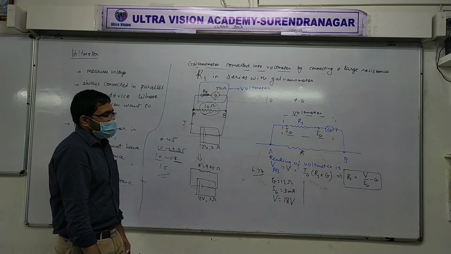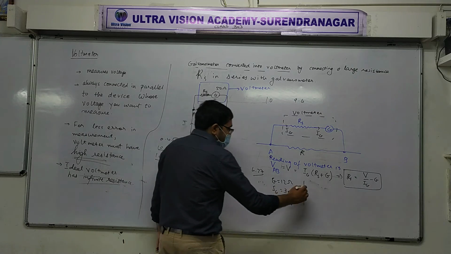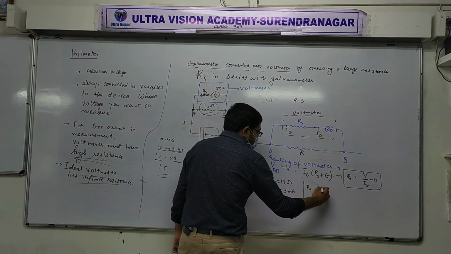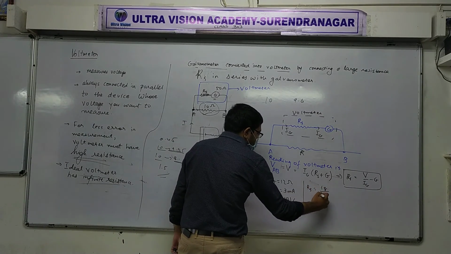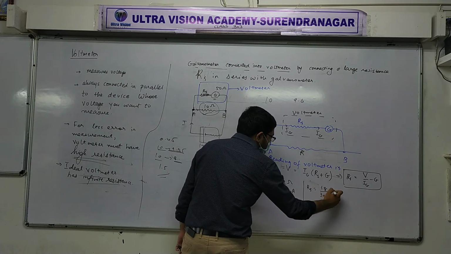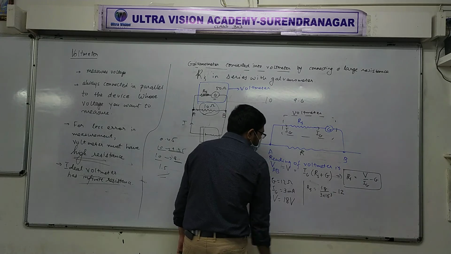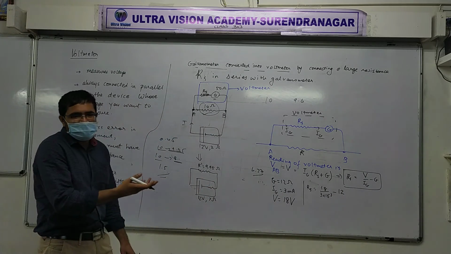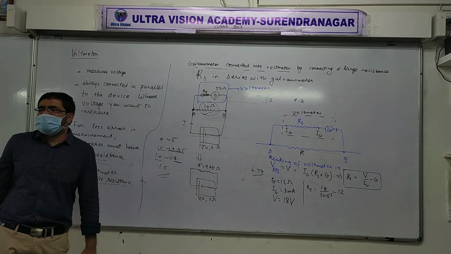So what is Rs? V is 18, upon Ig, 3 into 10 raised to minus 3, don't forget milliamp, minus the galvanometer resistance 12.